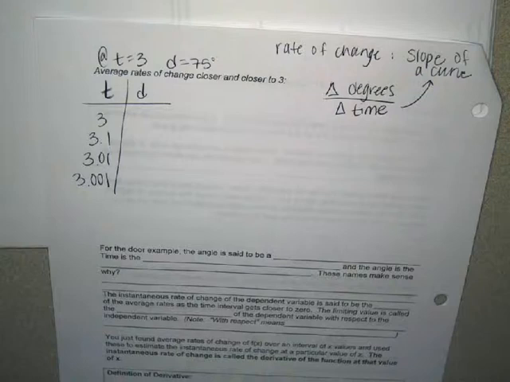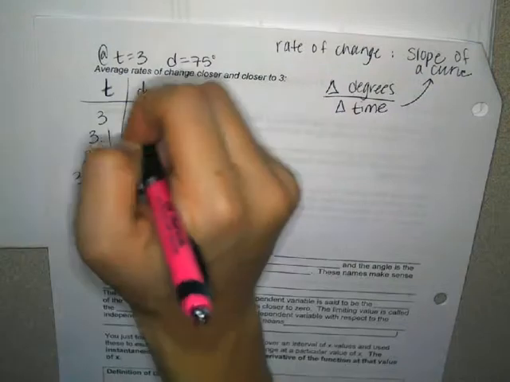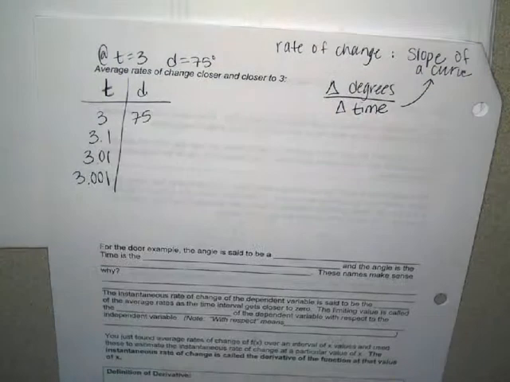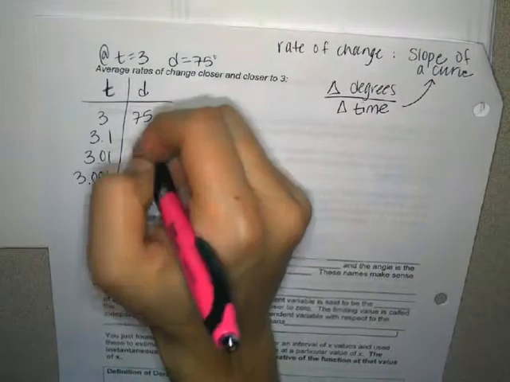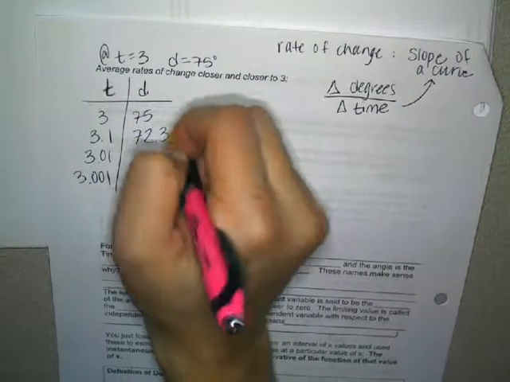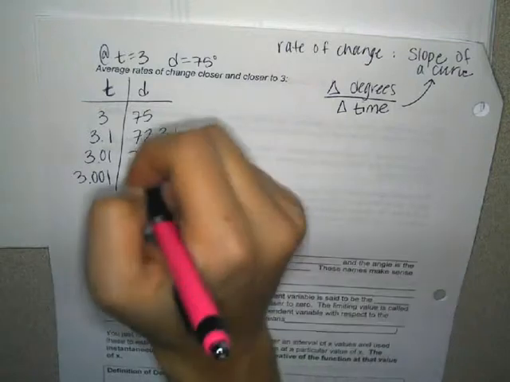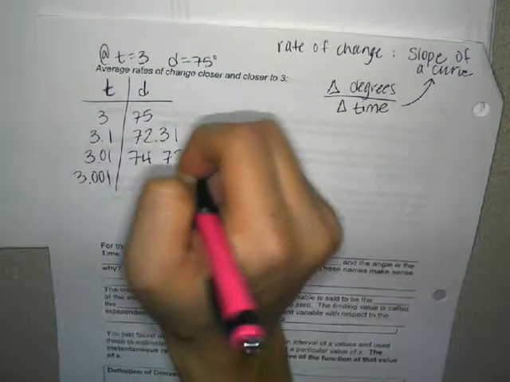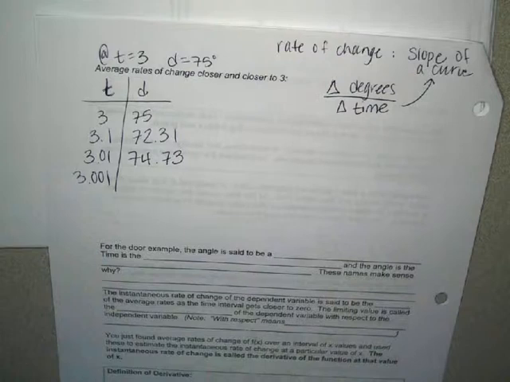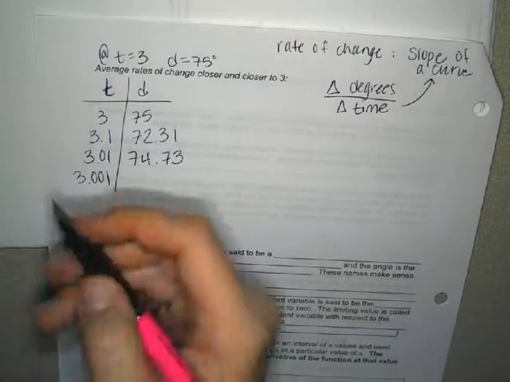You can plug in 3, you should get 75 because we already figured that one out. 3.1, you get 72.31. 3.01, 74.73. 3.001, 74.973.